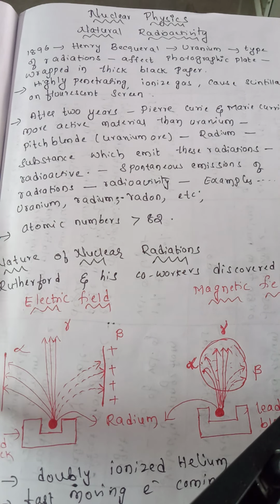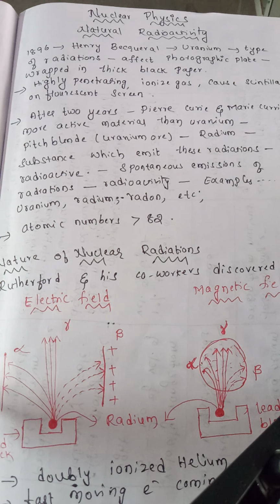In 1896, Henri Becquerel wrapped uranium in a black paper and placed it in his table drawer. In that table drawer, he even kept some photographic plates and some other files, and he just forgot about the uranium.